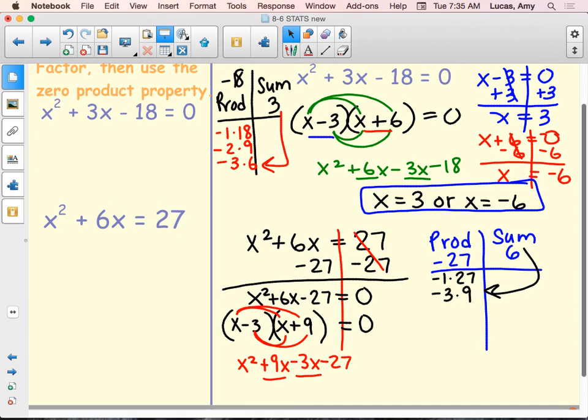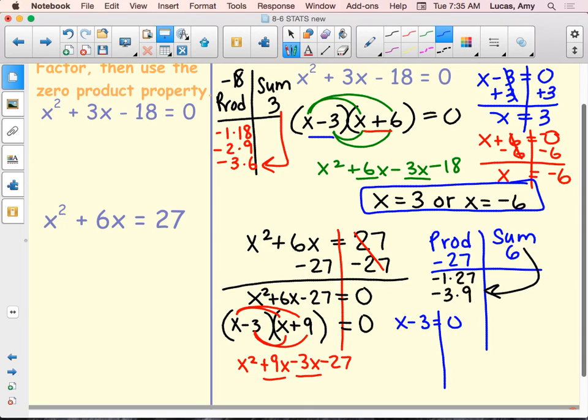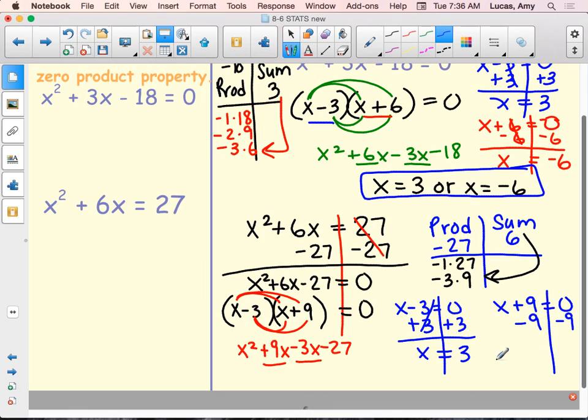So now I can just solve my two binomials by setting them equal to 0, and I'll have my solution. So x minus 3 equals 0. Add 3 on each side, and x equals 3. X plus 9 equals 0. Subtract 9 on each side, and x equals negative 9.